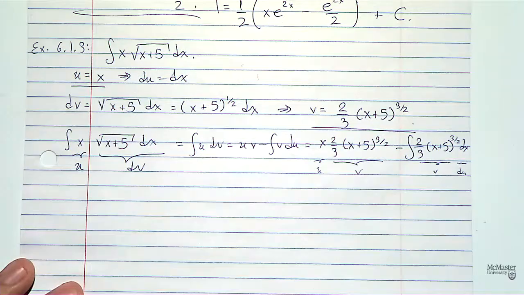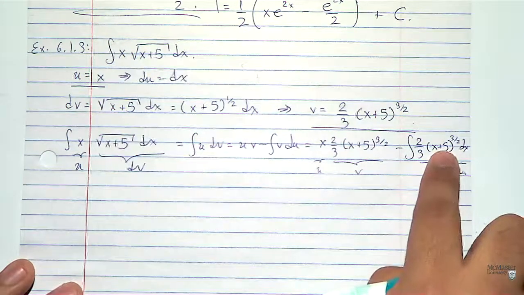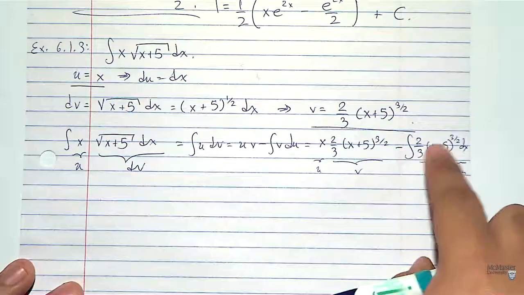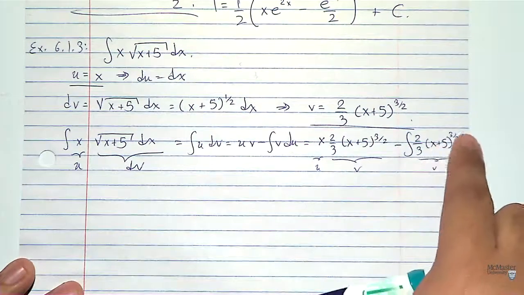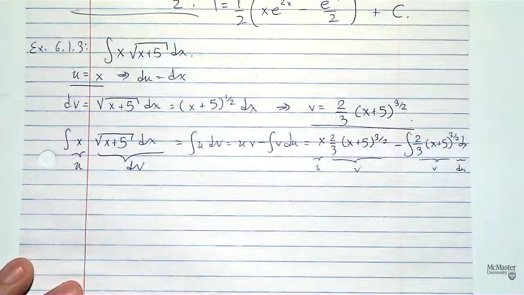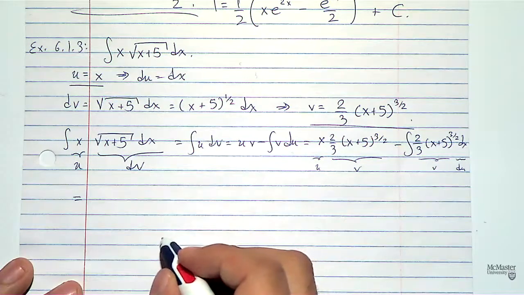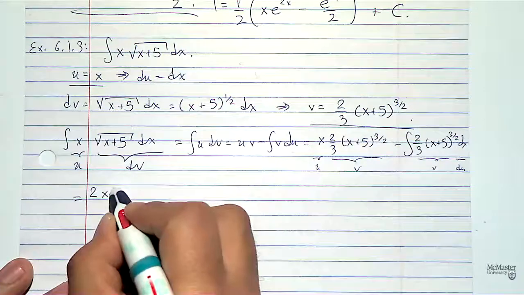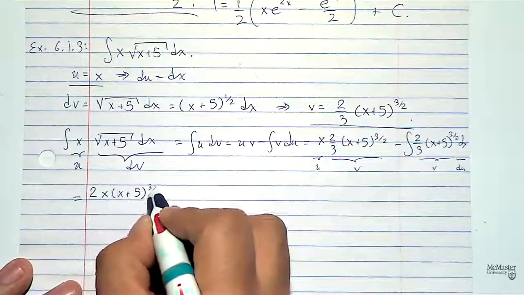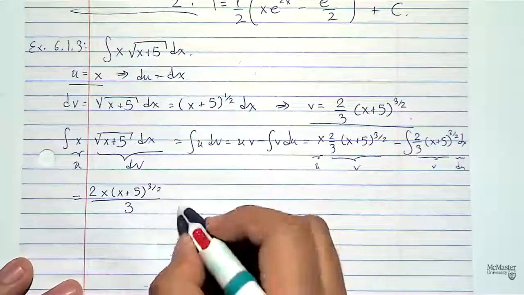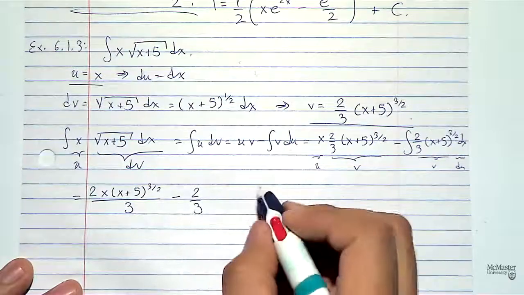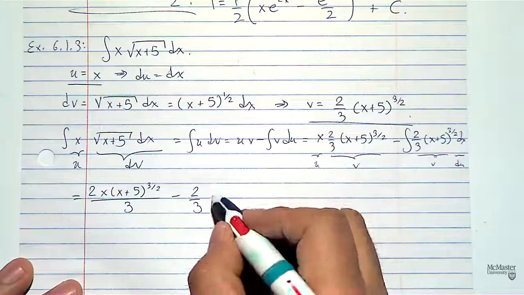So this is actually easy to perform because we just have a polynomial, and actually the argument has a dx. Well, if you were to define another variable x plus 5, the dx is the d of the argument inside. So you simply have to evaluate. So you have 2 times (x plus 5) to the 3/2 divided by 3 minus 2/3, and then you do, keeping track of the terms, right?